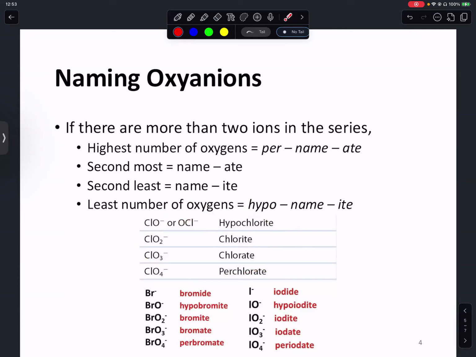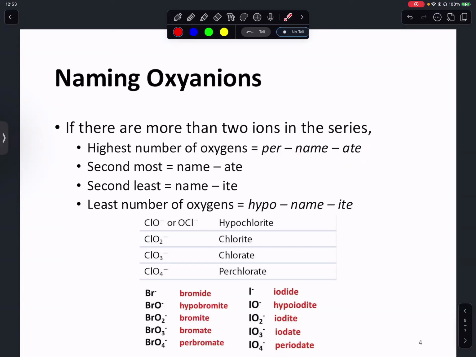For the highest number of oxygens in the series, we are going to write the name using 3 parts. We start with per, followed by the name. The name usually indicates the other atom in addition to the oxygen that's present. And then ate.